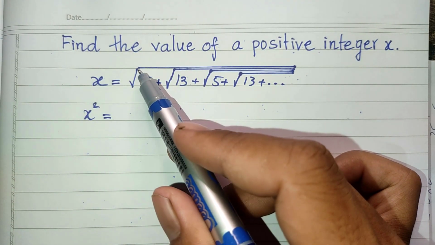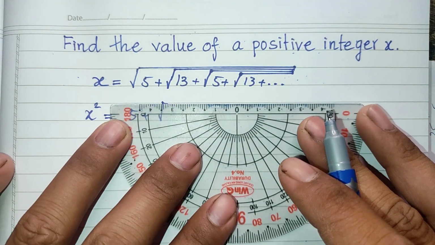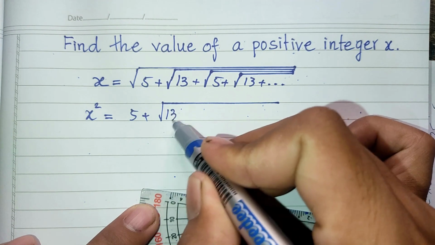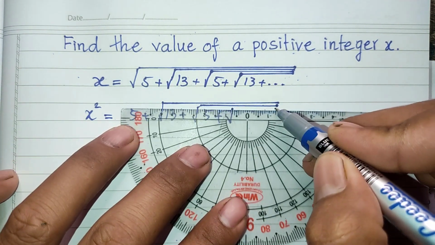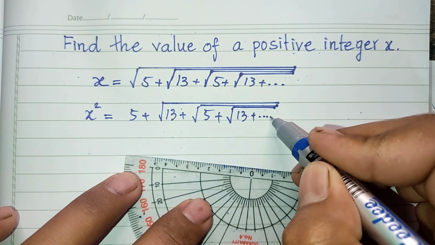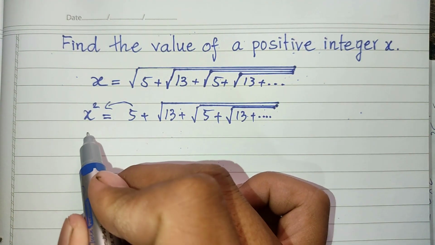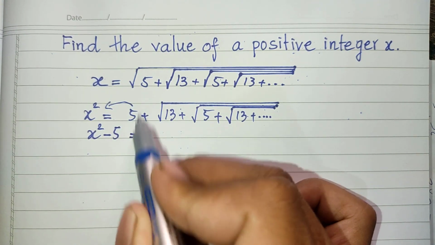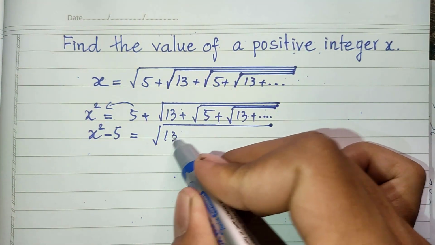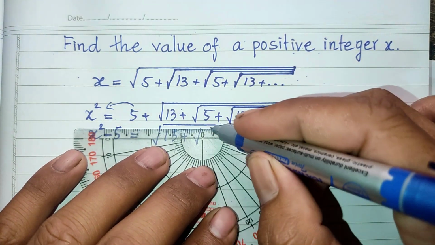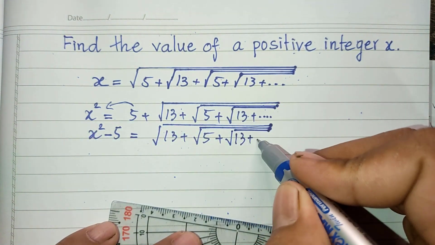We can cancel the square root, so we get 5 plus the square root of 13 plus the square root of 5 plus the square root of 13 plus infinity. Now I move 5 to the left hand side. So we get h squared minus 5 is equal to the square root of 13 plus the square root of 5 plus the square root of 13 plus and so on.